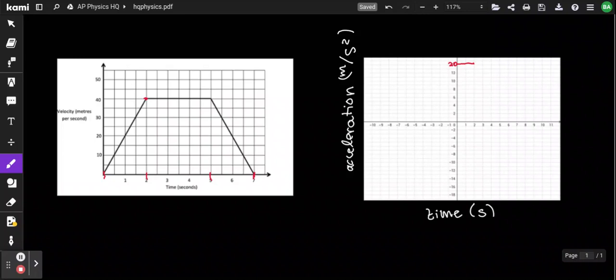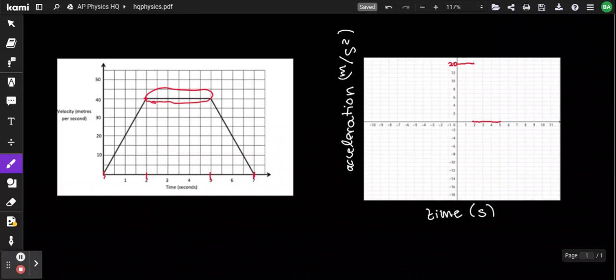From 2 to 5, our graph is horizontal. This tells us that the slope is 0, or the acceleration during that time period is 0 meters per second squared. So from 2 to 5, 0 meters per second squared. And then our interval from 5 to 7.